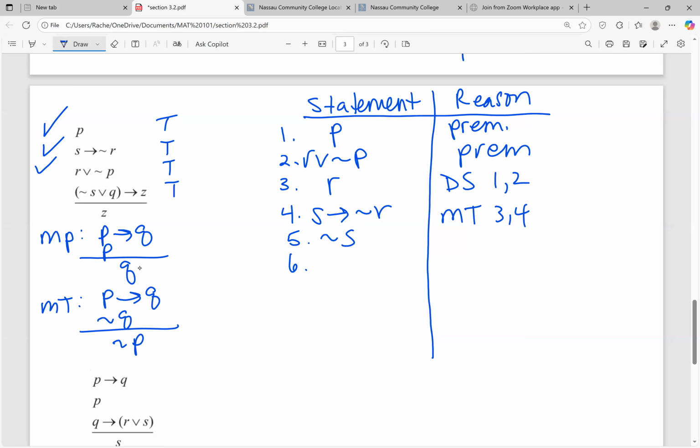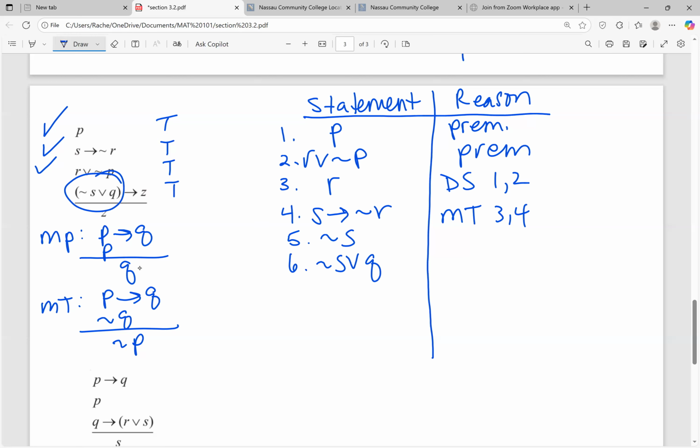But that entire premise is not going to be helpful right now if I list it, right? Because it's a conditional. The right-hand side is Z. I don't have a not Z or anything like that as any other statement. And the left-hand side is not S or Q. I don't have that either. But I'm thinking, well, I have a not S in 5, right? So what if I took not S and I joined it with Q? It's still going to be true, right? Because not S we already know is true.